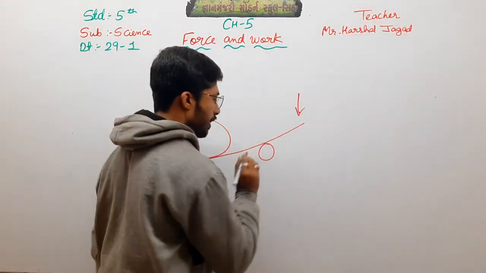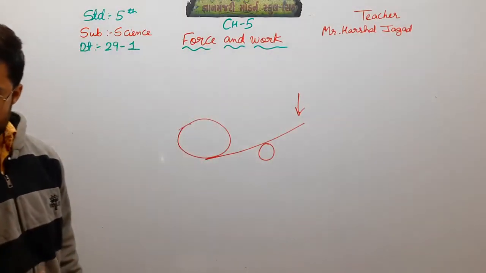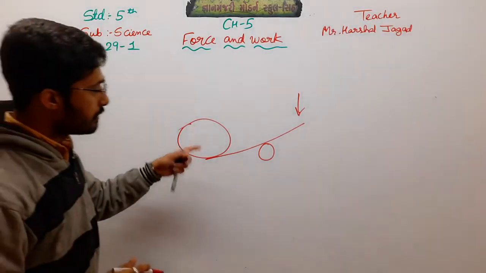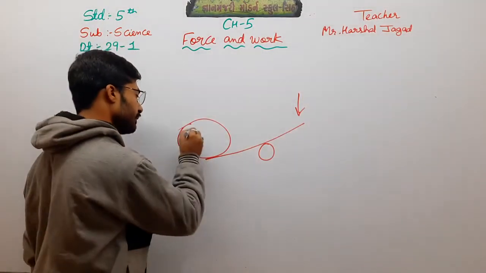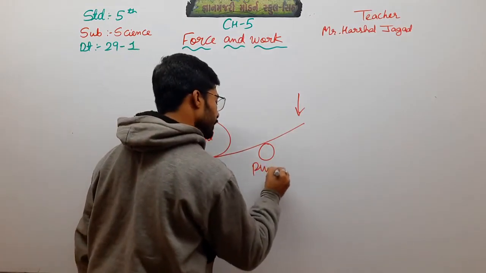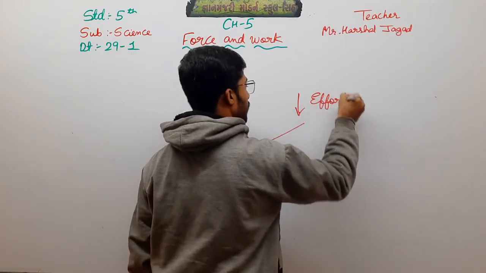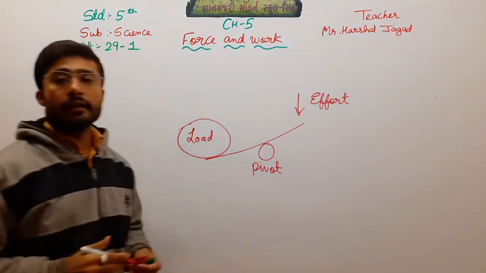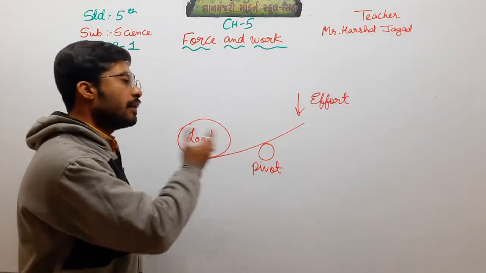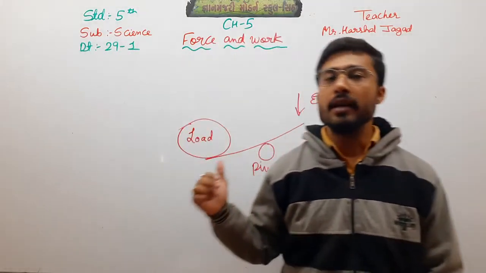The bar rests on what is known as the pivot, and here is the load, and here is the effort. Due to this, the stone will move aside. In some construction sites, this is used.